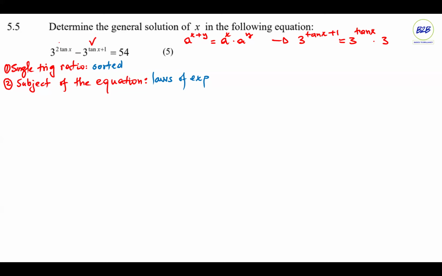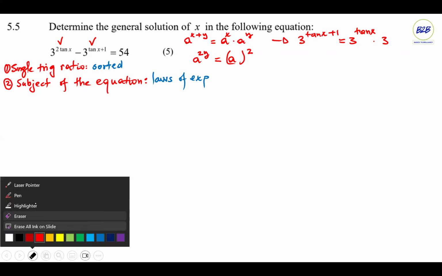And then we go to our first term. There we have 3 to the power 2 times tan of x. So if we had, for example, a to the power 2y, that could have been rewritten as a to the power y, and then we take that 2 outside.